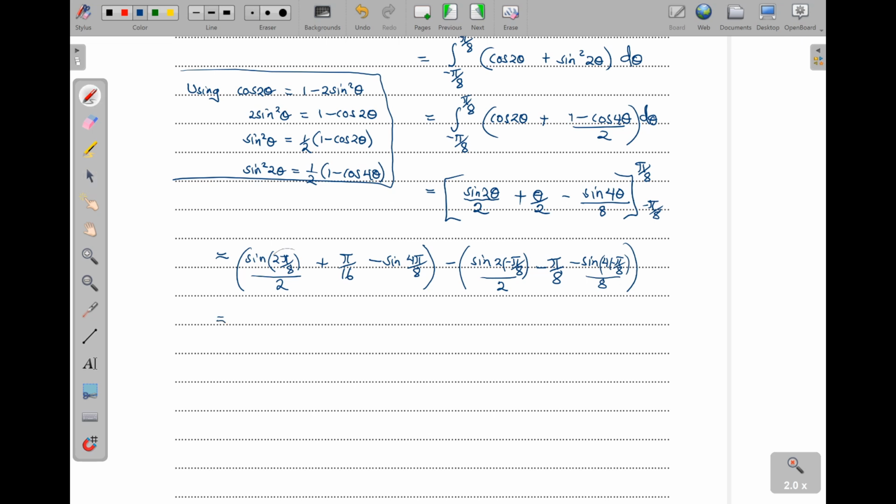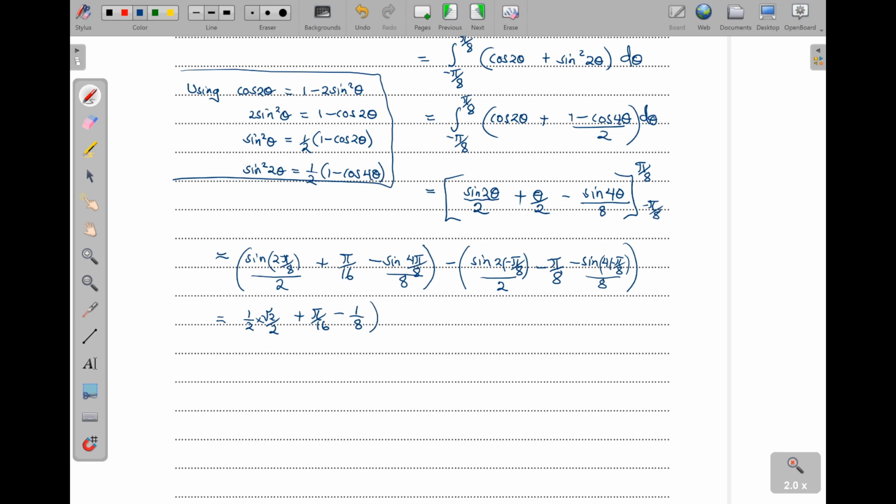Next we can now simplify. This is pi over 4. Sine of pi over 4 is root 2 over 2, so we have a half times root 2 over 2. Then plus pi over 16 minus sine of pi over 2. Sine of pi over 2 is 1, and there is an 8 here, so I'll have 1 over 8 here.